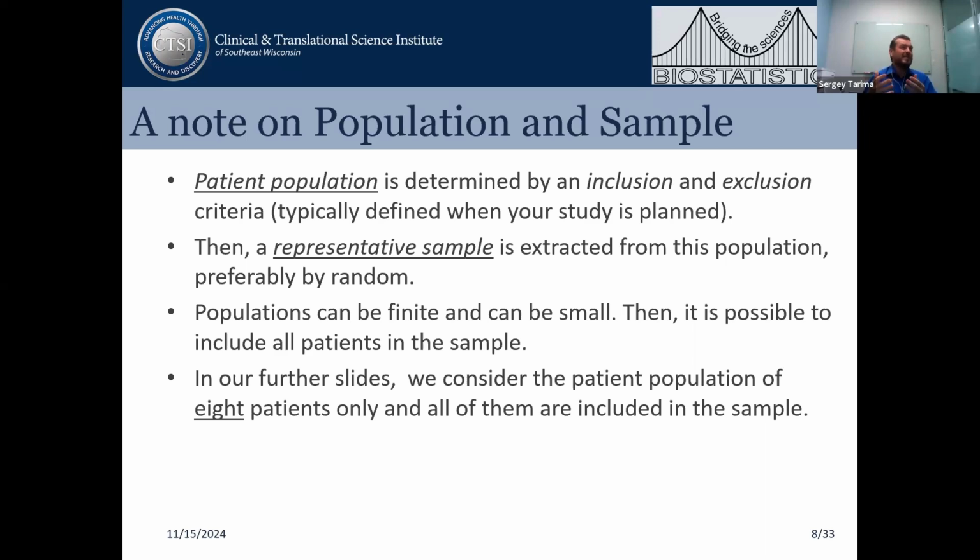Like in survey data analysis, this type of sampling, when everyone is surveyed, is referred to as a census. So census means your sample consists of 100% of your population. Everyone is included in your sample. This is just out of convenience. We consider a specific case. But in general, populations are much larger than just 8 patients.